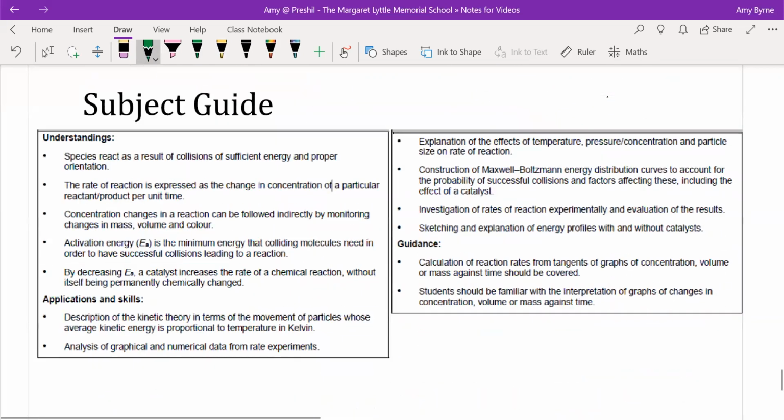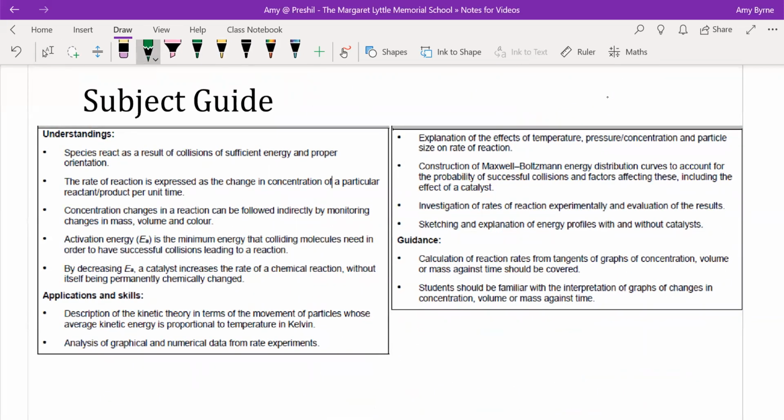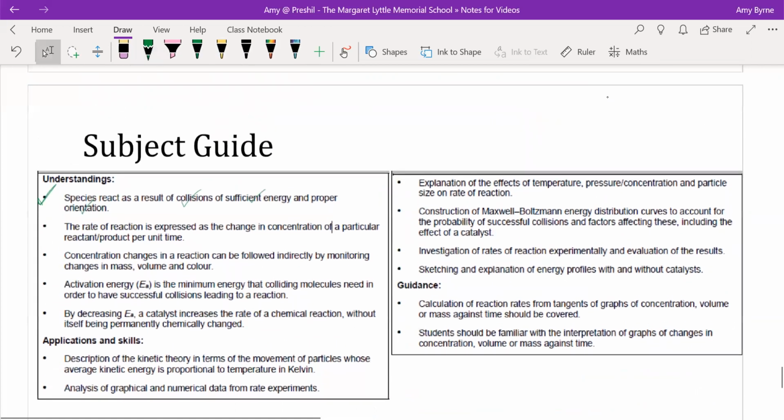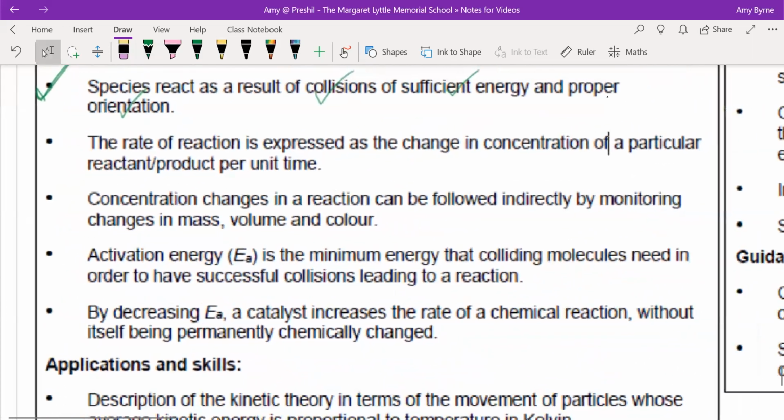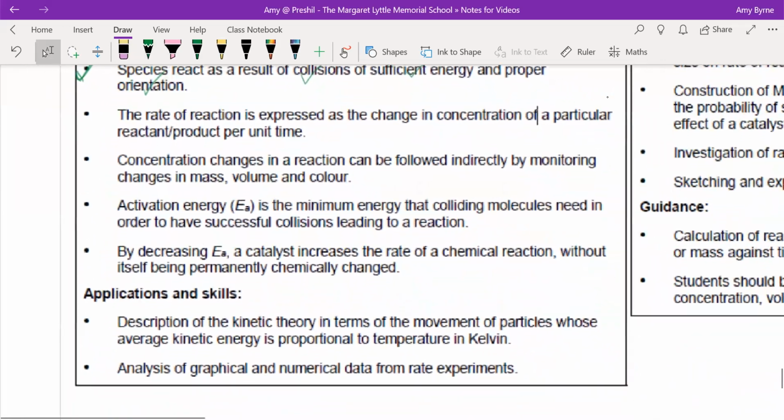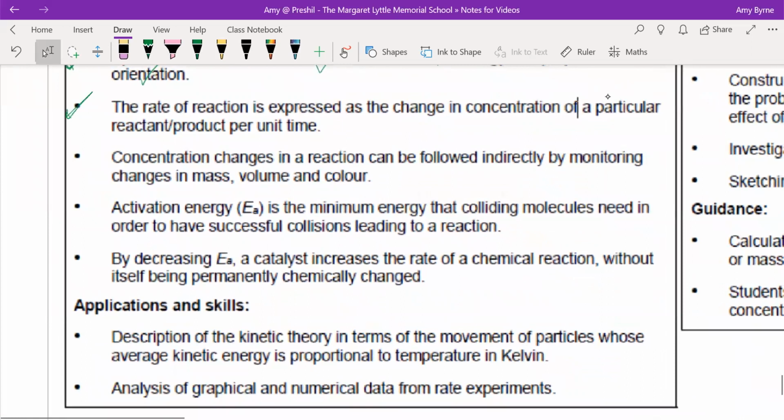All right, so let's go back and look at our subject guide. We talked about collisions with sufficient energy in the correct orientation. We talked about the change in reaction, the change in concentration. We talked about how we can monitor changes in reaction. We talked about what activation energy is, and we talked about catalysts.